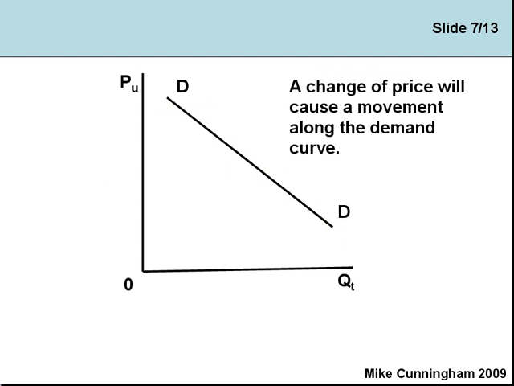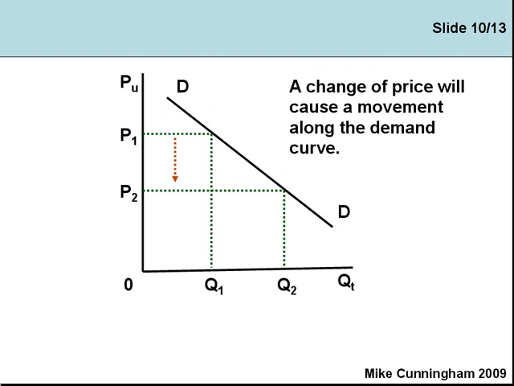A change in the price will cause a movement along this demand curve. So if we change the price, it will cause a movement along the curve. So we've got, let's say, a price of P1 and a quantity demanded per unit of time of Q1. That's the quantity demanded. Now, if the price falls, let's say, to P2, then the quantity demanded may increase to Q2.